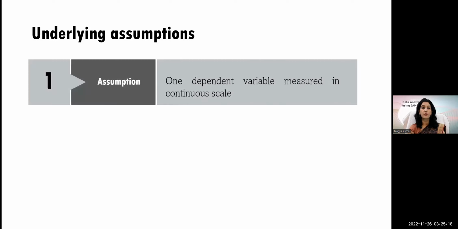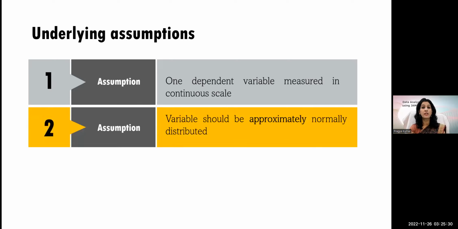So now what are the underlying assumptions in the case of a one sample t-test? The first assumption is that there is one dependent variable which is measured on a continuous scale. So the data is continuous, or it is a scale variable. The second assumption is that the variable should be approximately normally distributed.